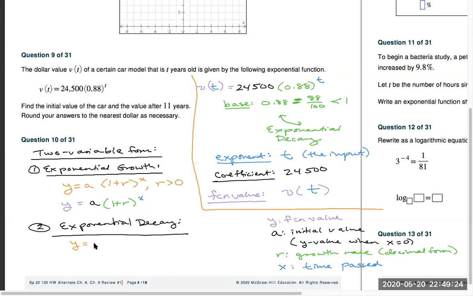So y equals a times 1 plus r to the x power, but now r is negative. So it's a decay rate, okay? Similarly, y equals a times the quantity 1 plus r to the x power, okay?